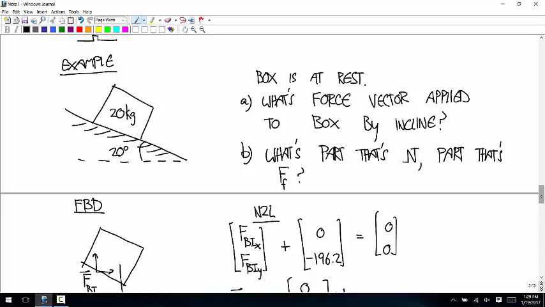There's no such thing as different locations, so that question doesn't come up in particle statics. But it is an interesting question if you did want to do that in 3D and figure out, so you have this total force of 196.2 pointing up, but it's spread out somehow over the whole bottom of the box. How it's spread out over the bottom of the box is an interesting, sort of complicated question that I'm not sure I could get through if I wanted to talk about it right now.